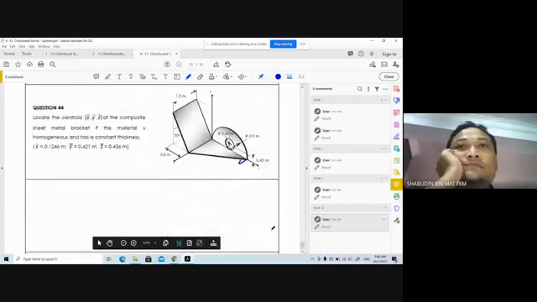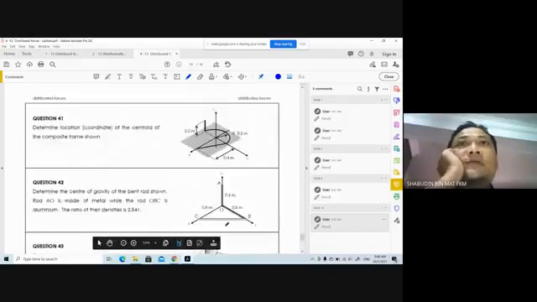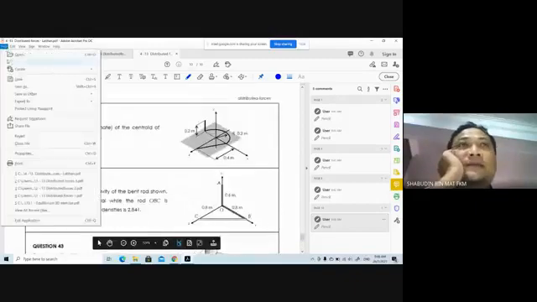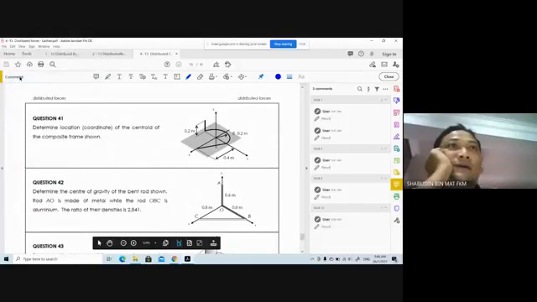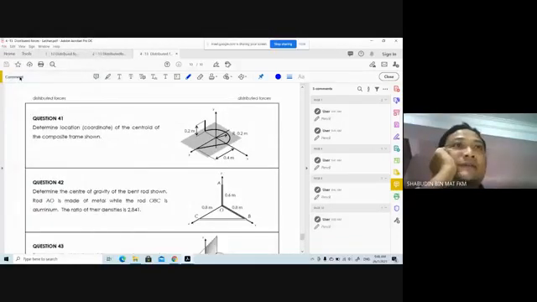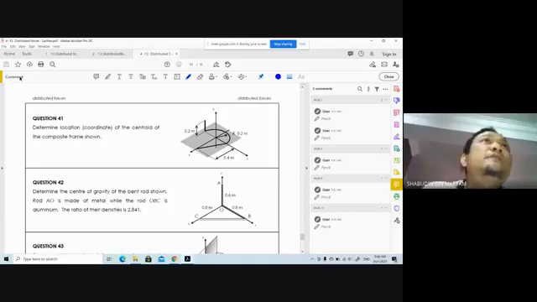I think you have enough exercise for centroid. Even though this is a lot of things to cover, we give you a chance for question 4. You answer one only. Satu saja you jawab.